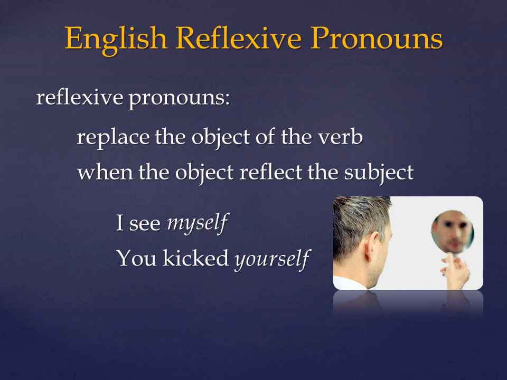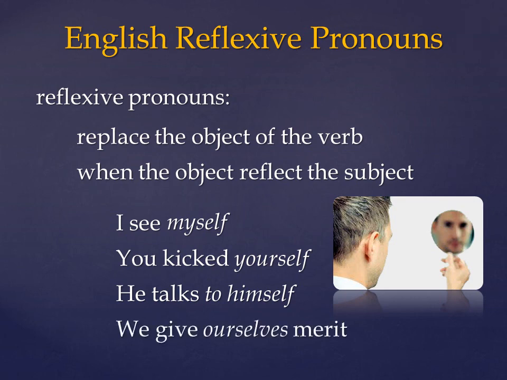For instance, with prepositional objects, he talks to himself, and indirect objects. For instance, we give ourselves merit. If you remember, an indirect object is someone who receives something. And notice too that the pronoun ourselves is plural, and that's because the subject is plural.